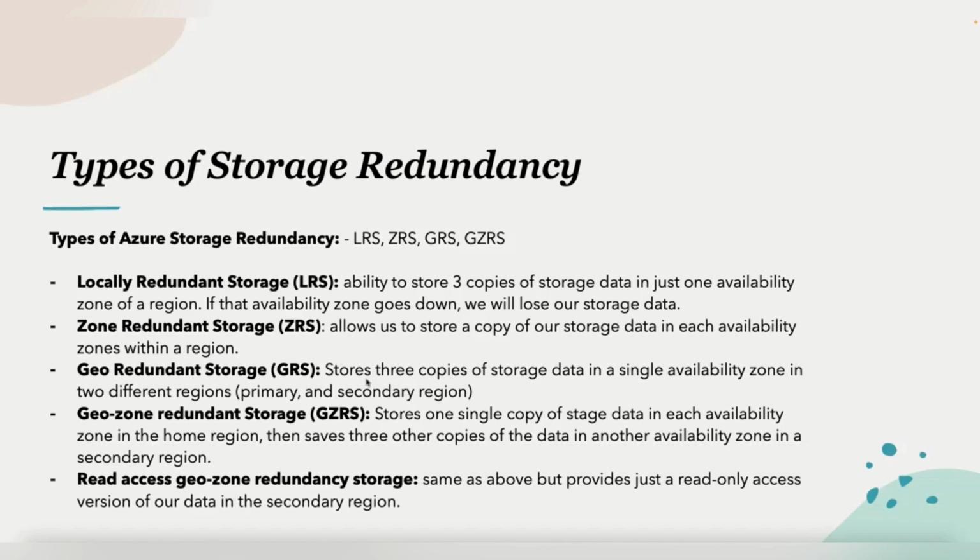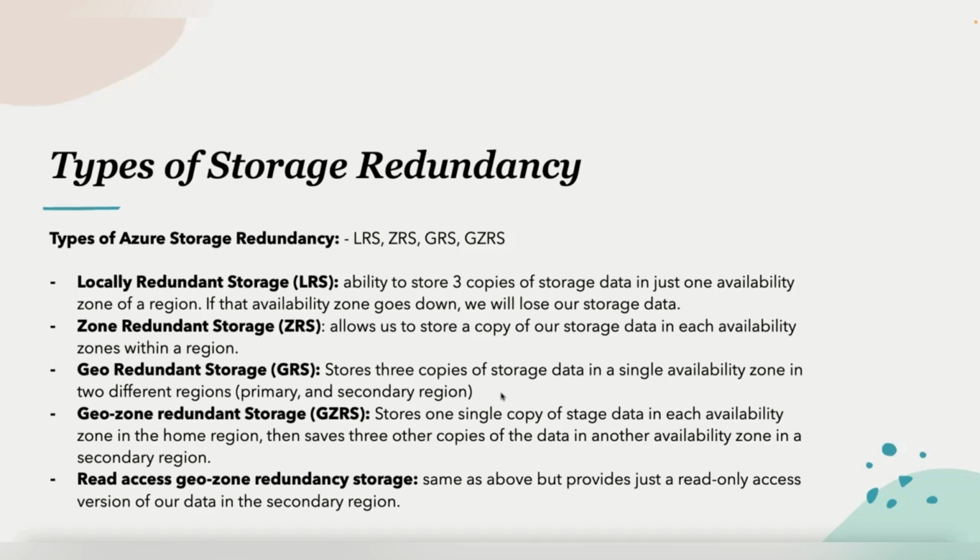The third one is the geo-redundant storage, abbreviated as GRS. This allows us to store 3 copies of our data in one single availability zone, however, across 2 different regions.